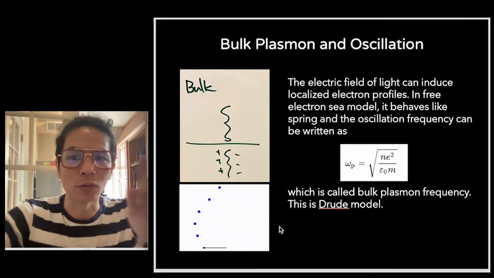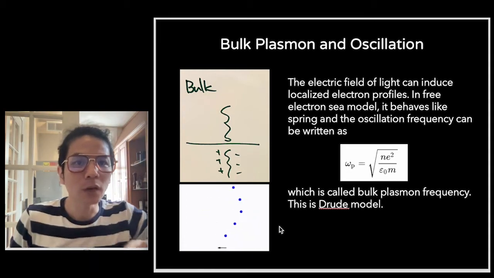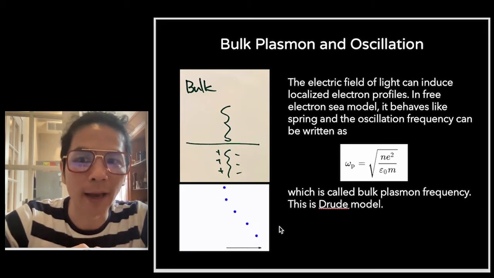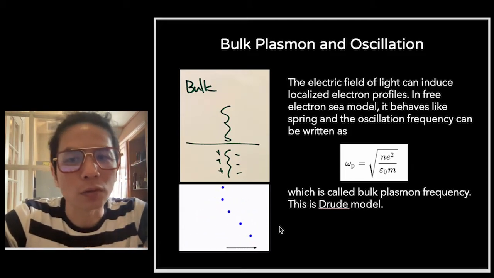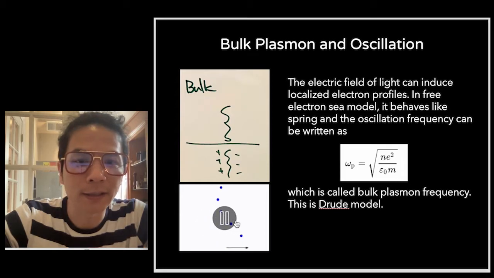And as you know, light oscillates this way, and that oscillation can disturb the electronic profile inside the metal accordingly. So that is why the electron profile is going to oscillate like this.